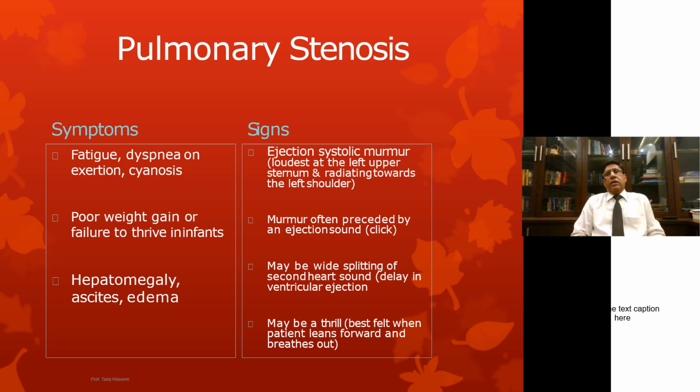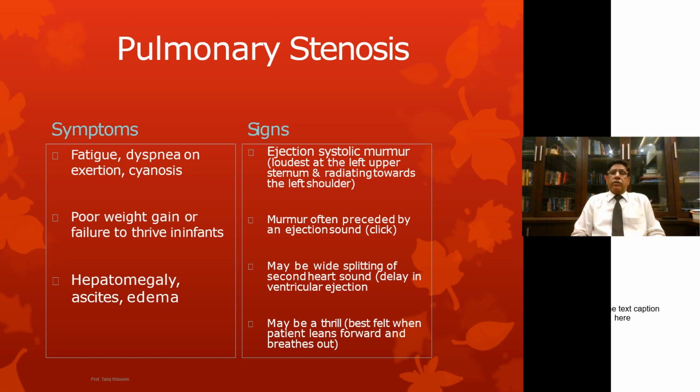Signs would be that there would be an ejection systolic type of murmur, which is loud at the left upper sternal border or which radiates towards the clavicle or to the left shoulder. The murmur is often preceded by an ejection sound or ejection click, as is seen in aortic stenosis on the left side. There may be wide splitting of the second heart sound, because a stenosed pulmonary valve would lead to delayed closure of the pulmonary valve.